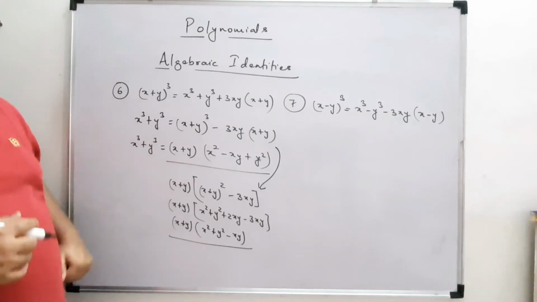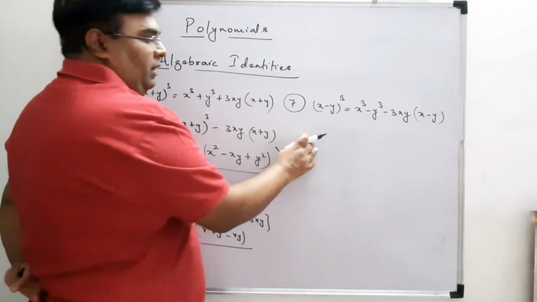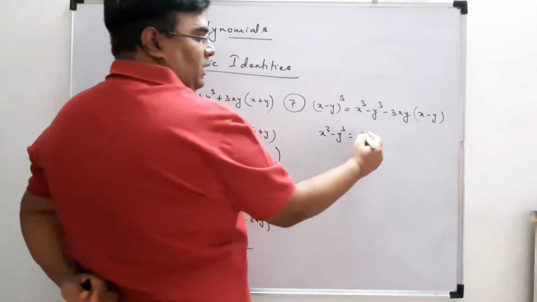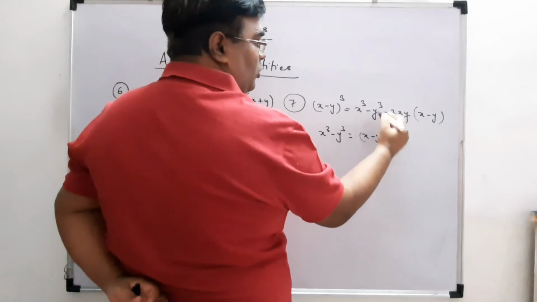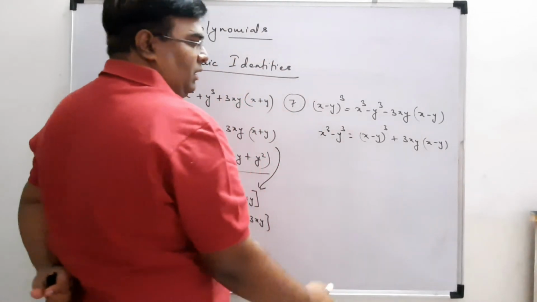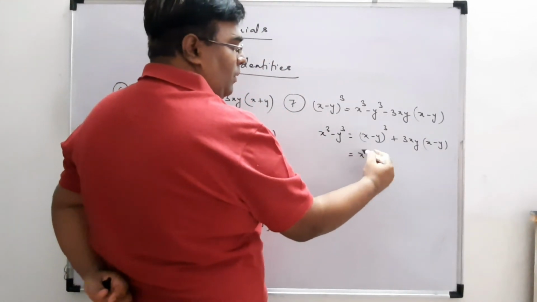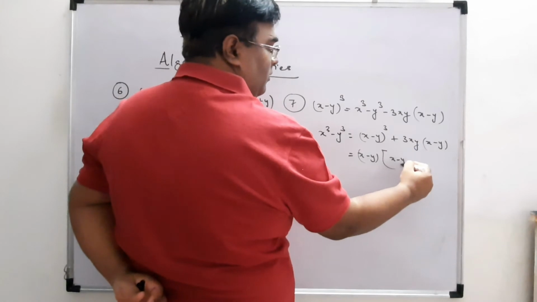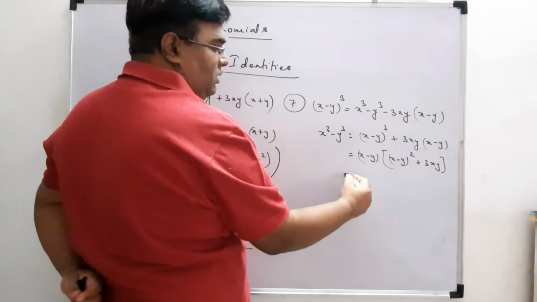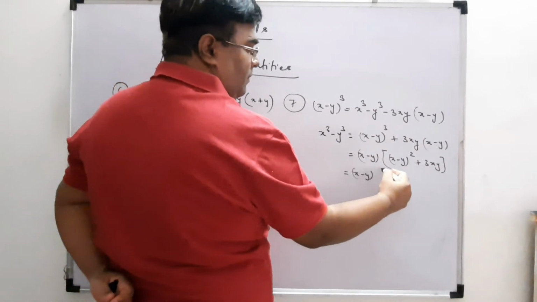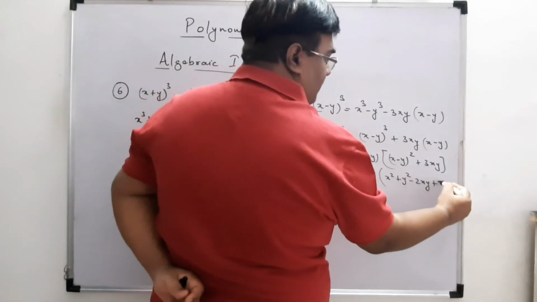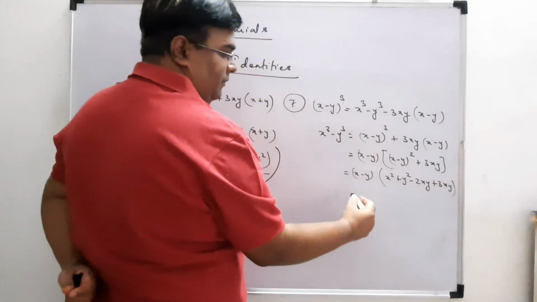This is called the factorization formula. Similarly, if you want to find this one, it will be (x − y)³ + 3xy(x − y). Again, if you take (x − y) as common, you will get (x − y)[(x − y)² + 3xy], which is (x − y)(x² + y² − 2xy + 3xy).